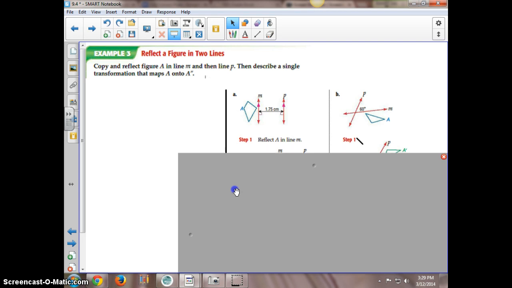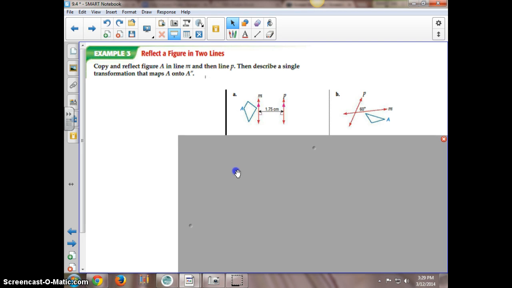All right, so again, copy both of these images down, and you could actually open your book up to example 3 and trace them if that's easiest for you. But copy these images down and then think, what are we going to need to do to create this composition of transformations?